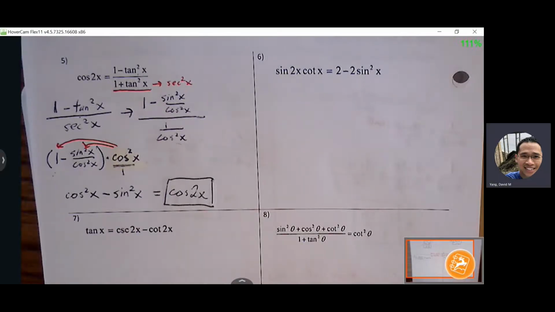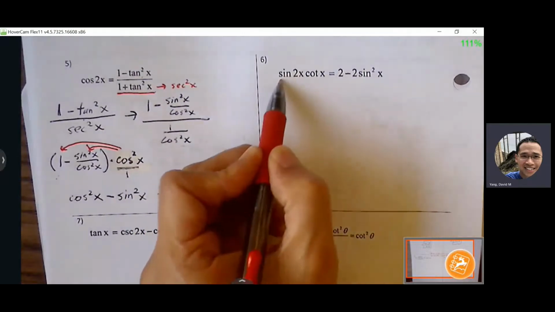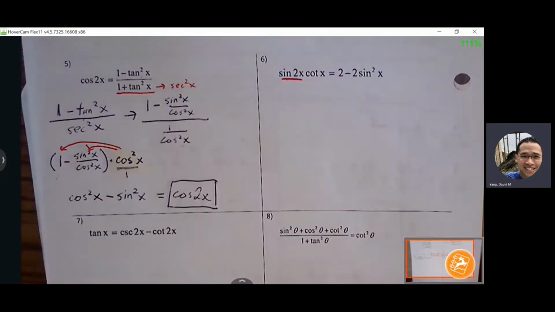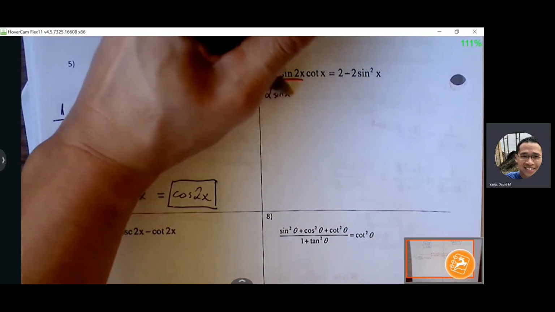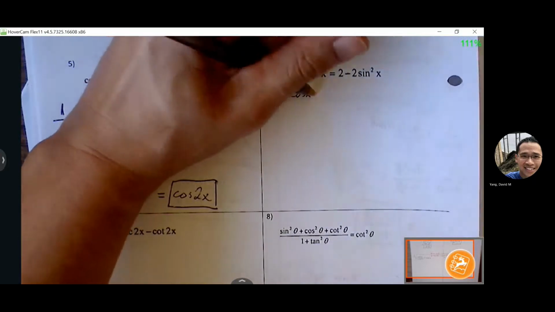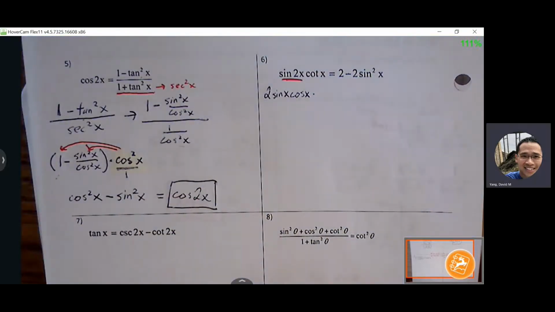All right, number 6. Any ideas? Double angle identity, right? Let's get that into something that's easier to work with. And while we're at it, let's turn cotangent into what?